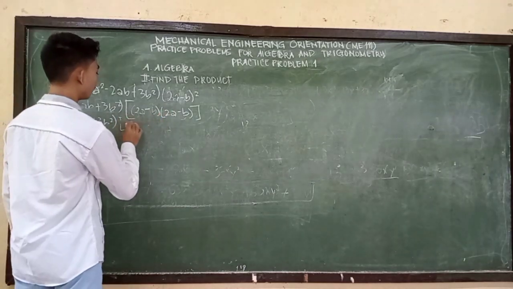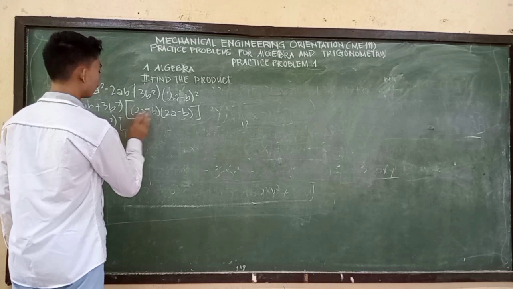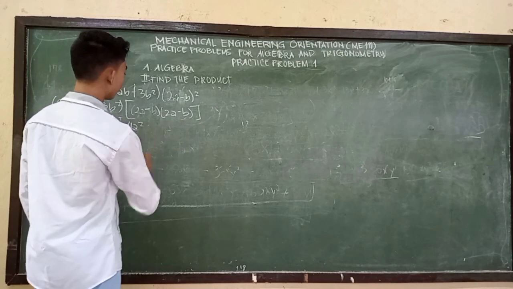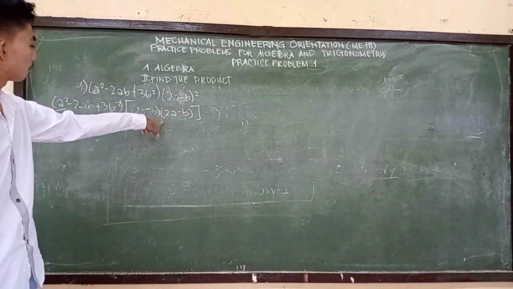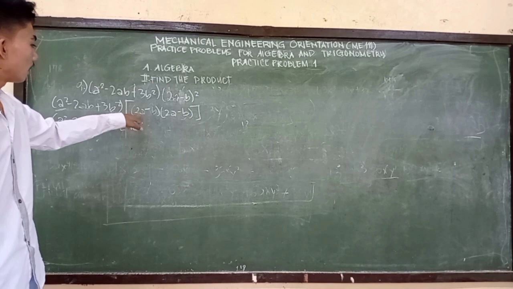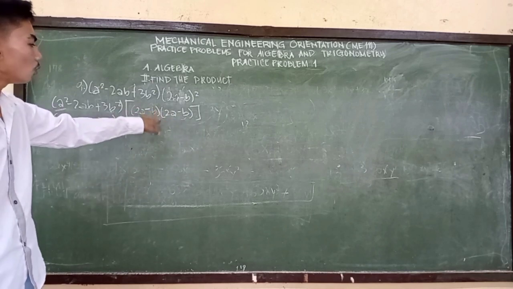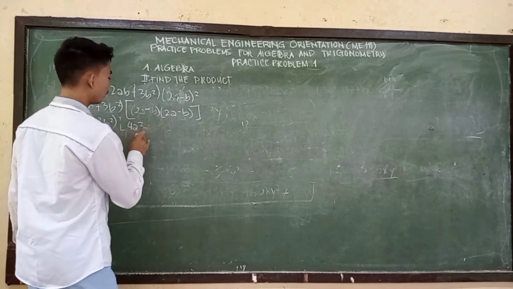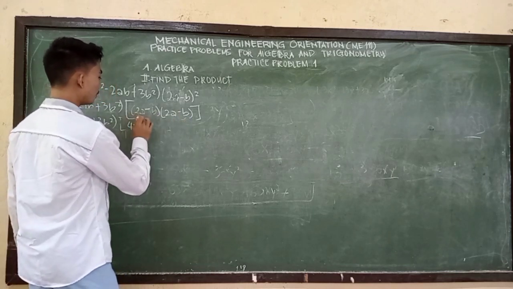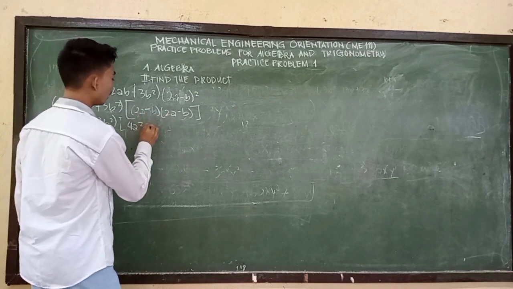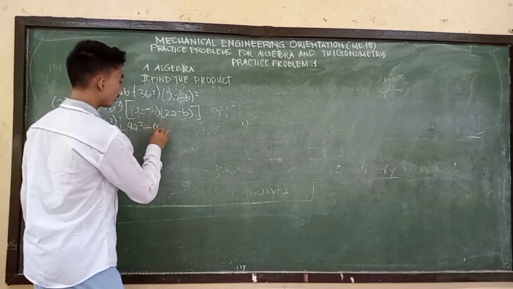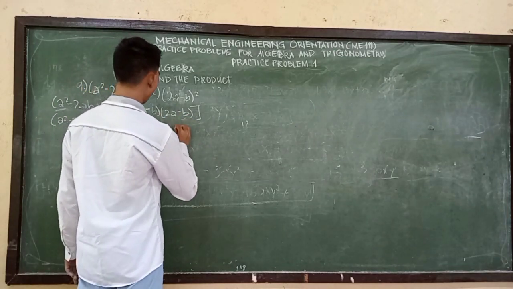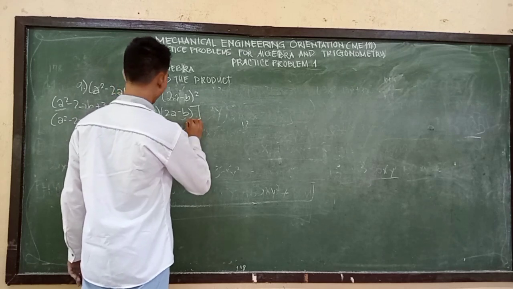So we will have 4a squared, negative 2ab times negative 2ab, 2ab plus negative 2ab will be negative 4ab, and the negative b times negative b will be positive b squared.